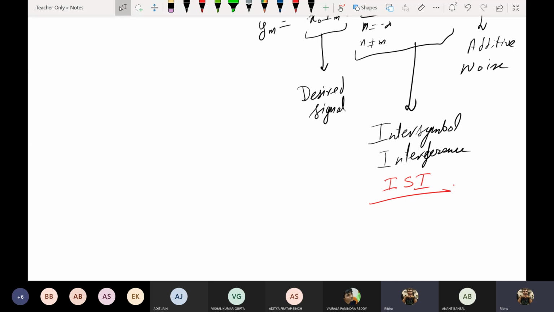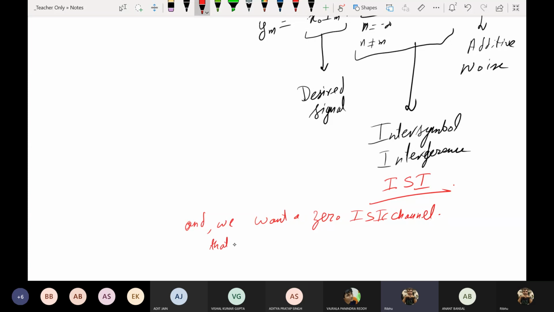So this is what is known as ISI, or intersymbol interference, and what we want is zero ISI. Right?